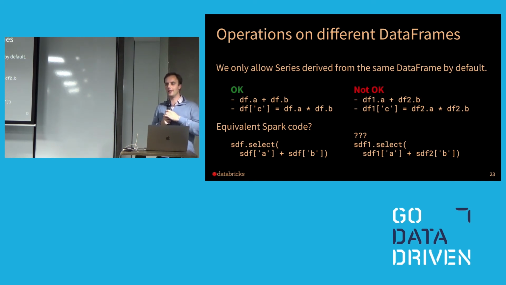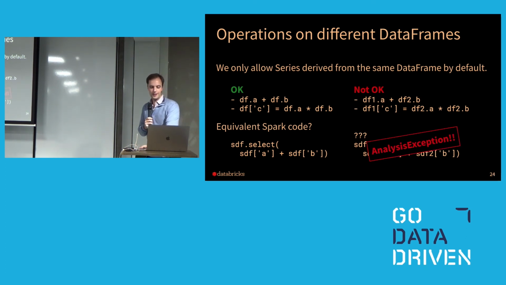Appending a new column is simply a select statement. If you try to do the same thing with Spark, with columns coming from a different data frame, you will get an analysis exception telling you that this is a forbidden operation, because Spark cannot easily parallelize it.